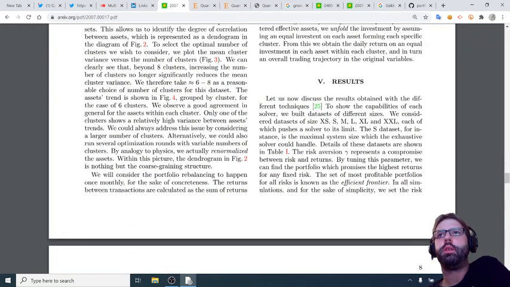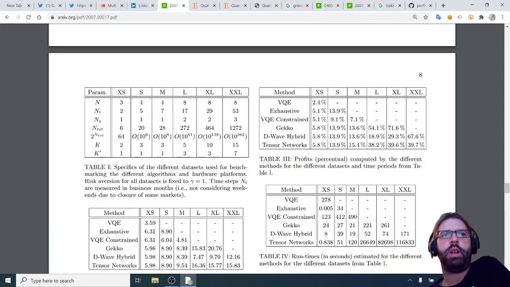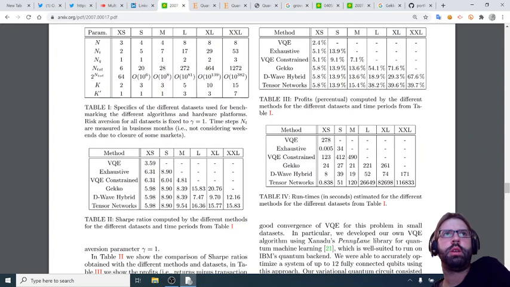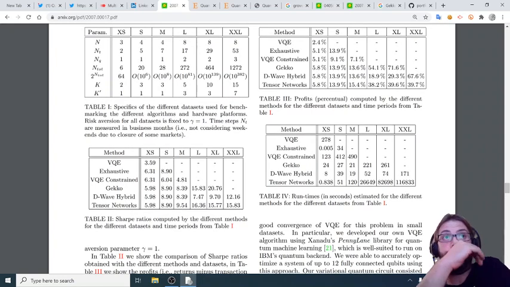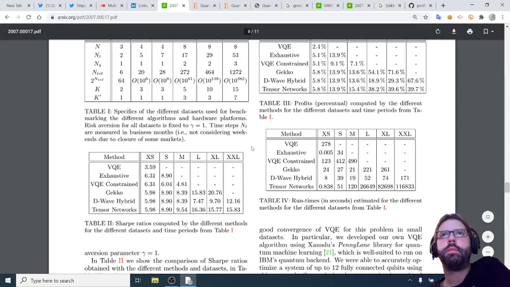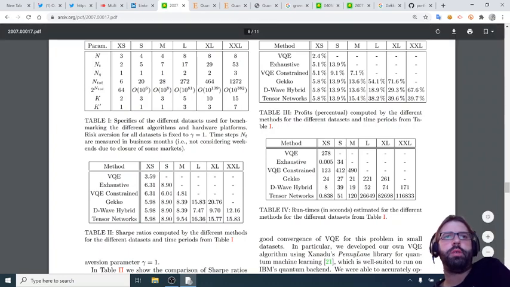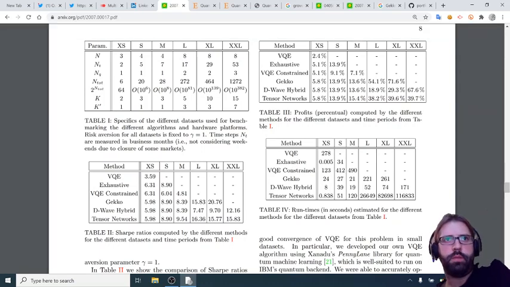Results. Okay, D-Wave. Sharpe ratio just computed by the different methods.